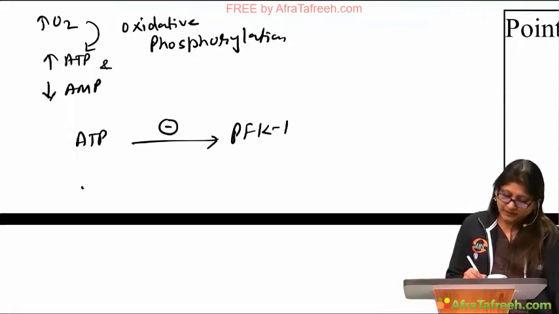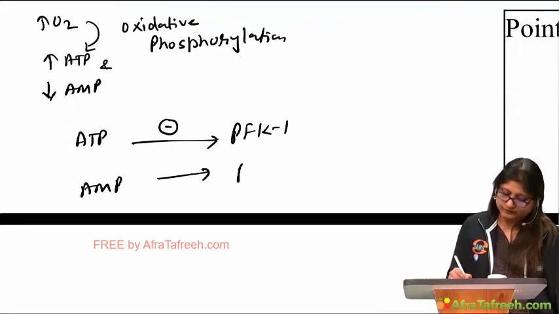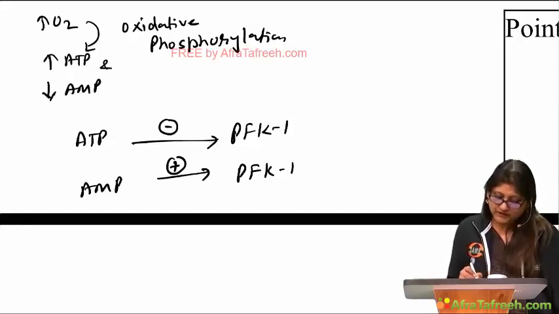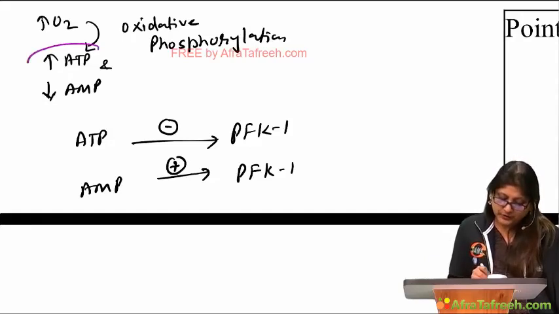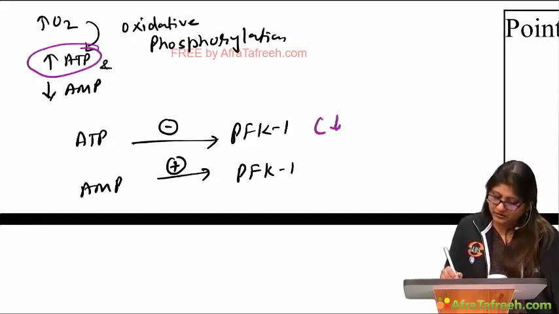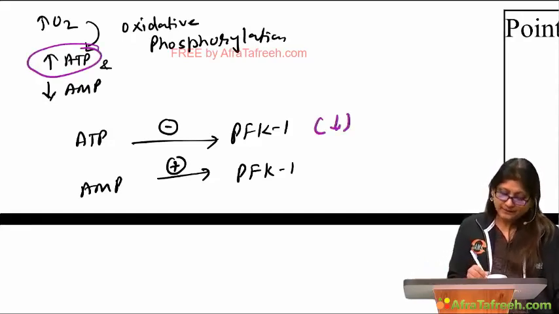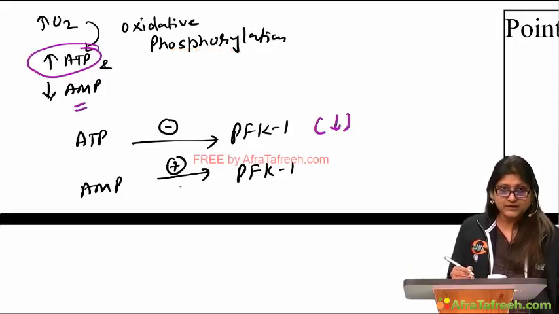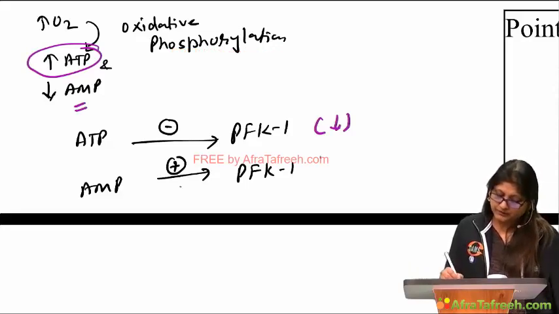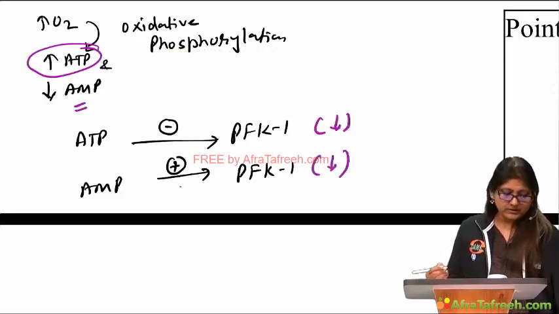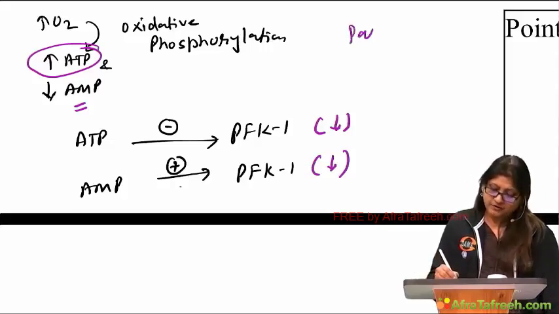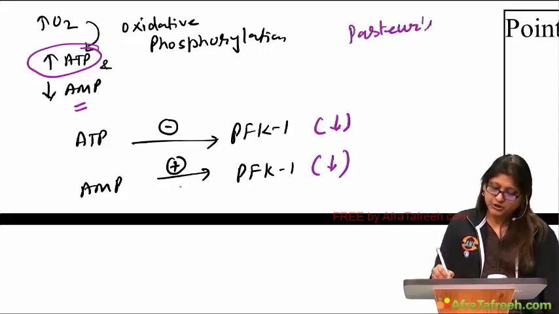What is AMP for PFK1? It is a positive allosteric modifier. So the negative factor is going to increase, so PFK1 activity will be down regulated. The positive factor's level is going to decrease in excessive oxidative phosphorylation, so the PFK1 activity will be down regulated. So guys, this is the explanation of Pasteur's effect, right?